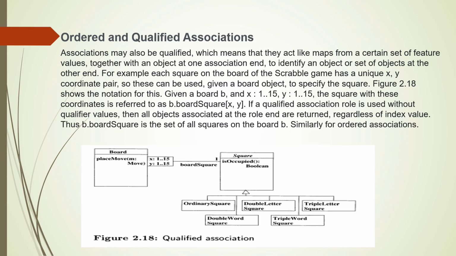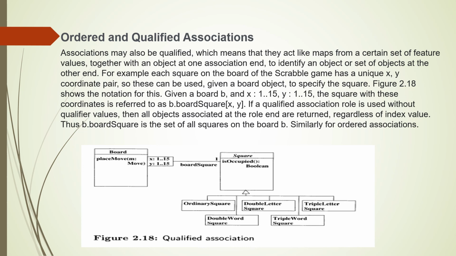So this can be used, given a board object, to specify the square. Figure 2.18 shows the notation for this. Given a board B, and x is 1 to 15, y is 1 to 15, the square with these coordinates is referred to as B.board square x, y.